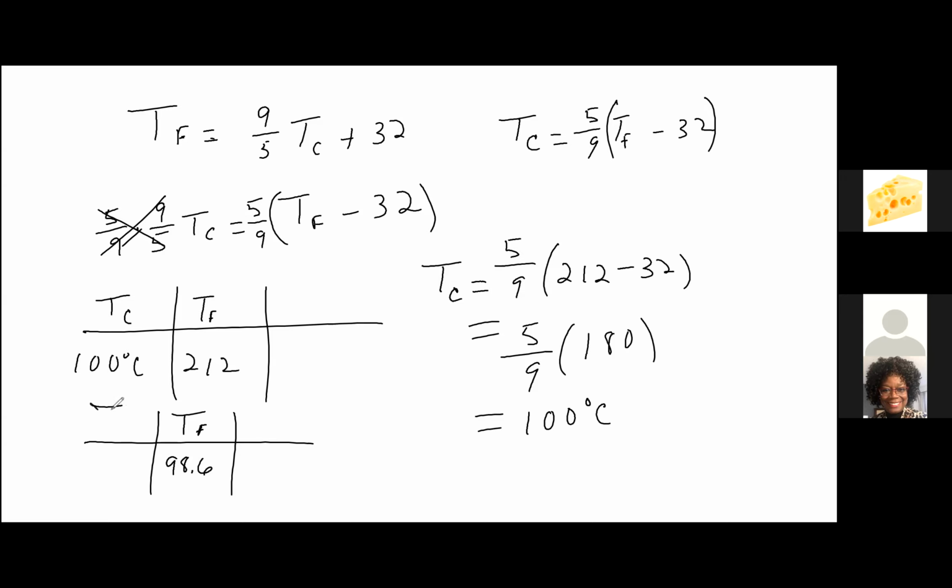So what is that temperature on the Celsius scale? That's one of the numbers I want you to recognize. Okay, so let's do that. Now my temperature on the Fahrenheit scale is 98.6.